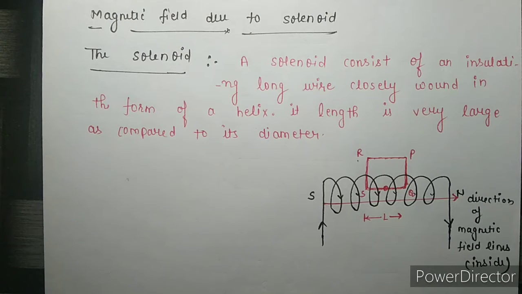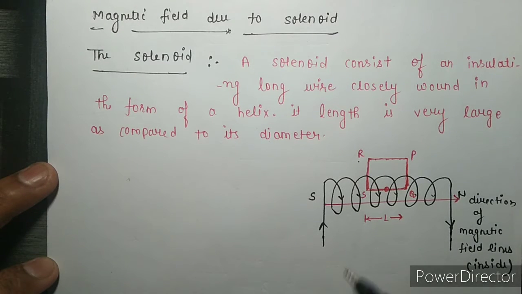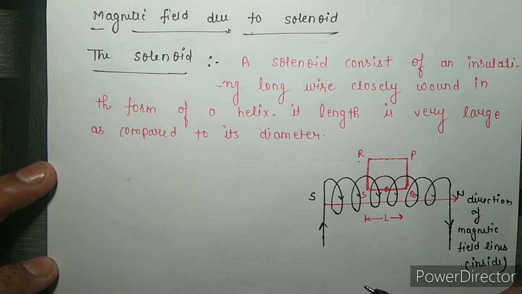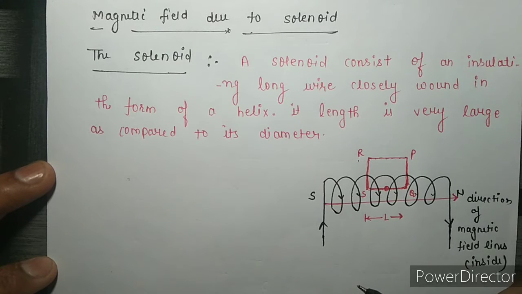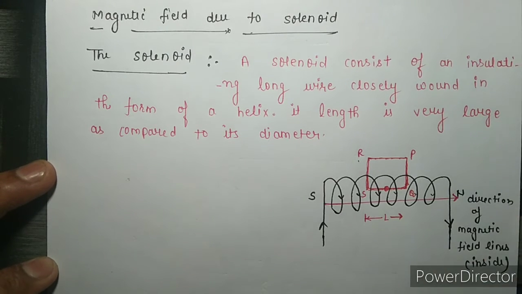A solenoid consists of an insulating long wire closely wound in the form of a helix. Its length is very large compared to its diameter. Generally a spring is a solenoid.